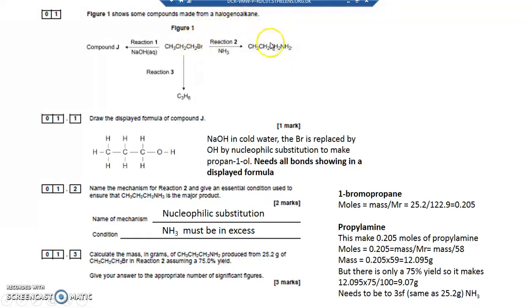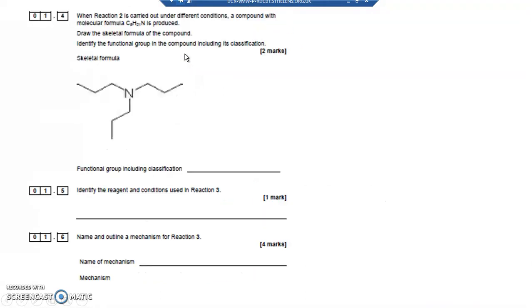So it keeps replacing the Br once, twice, 3 times over. So what you actually make is an N with 1, 2, 3, with a CH2, CH2, CH3, CH2, CH2, CH3, CH2, CH2, CH3. And it's asking for the skeletal formula, so you need to draw it in this way.